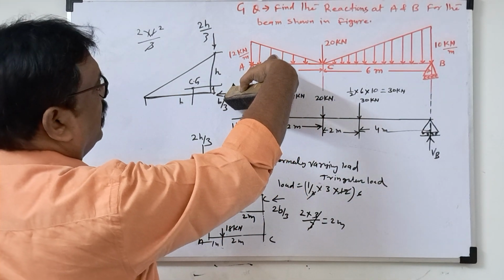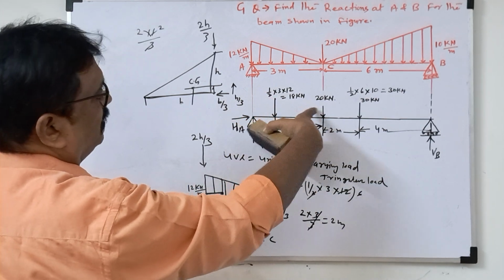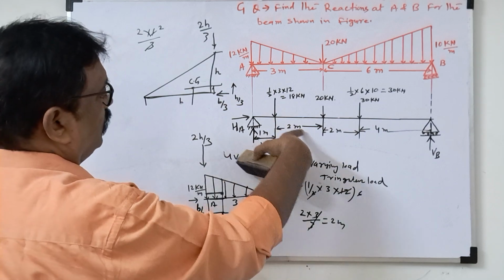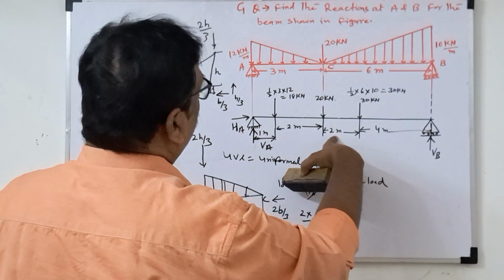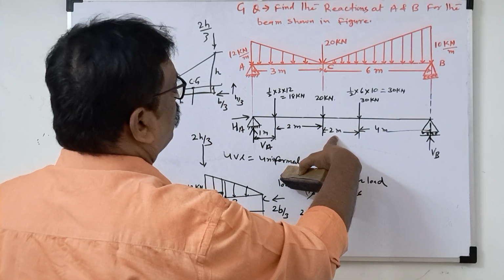What is the area of the triangle? This is the load. How will we see the load diagram? What is the distance? If you are seeing the lower sections, 2b by 3. So it is coming 2 meter, from this side 1 meter. From this side you are going 2b by 3, lower section.